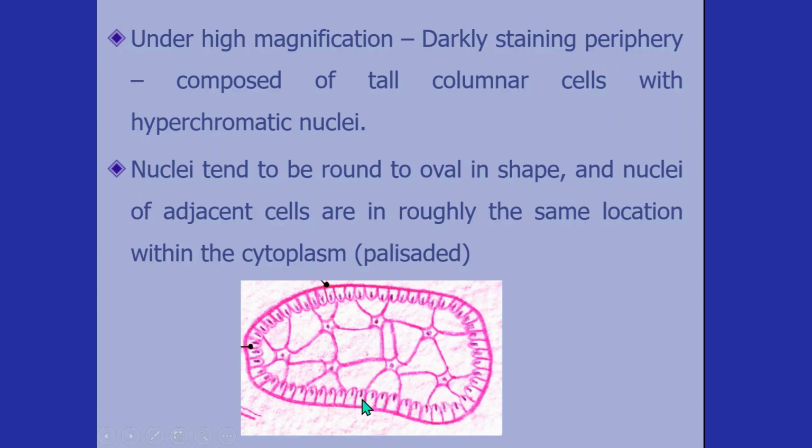They are hyperchromatic, with a nucleus which is round to oval in shape, and the nuclei of these adjacent cells are all in the same location within the cytoplasm, making a palisaded appearance.